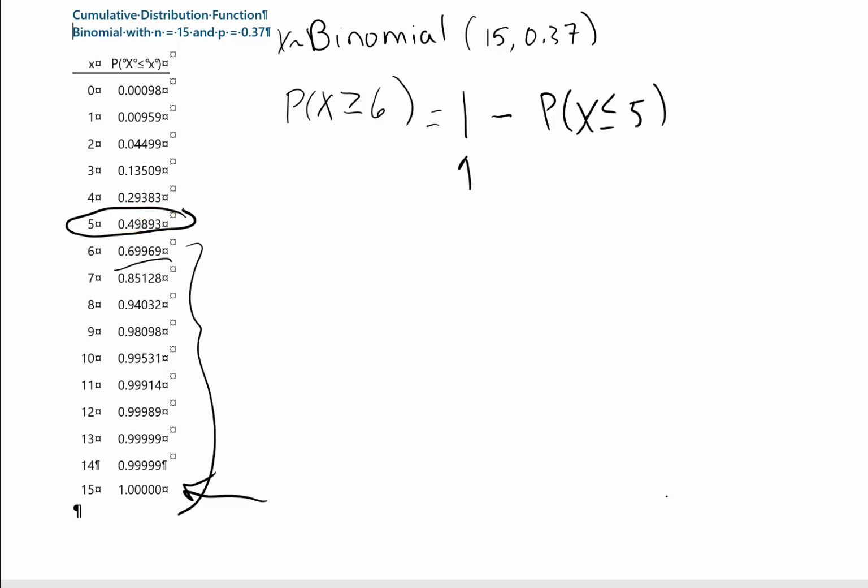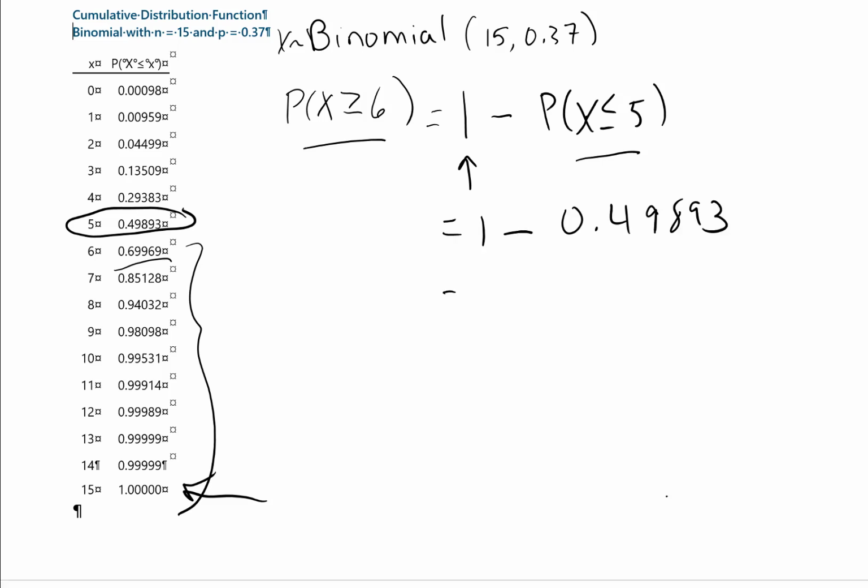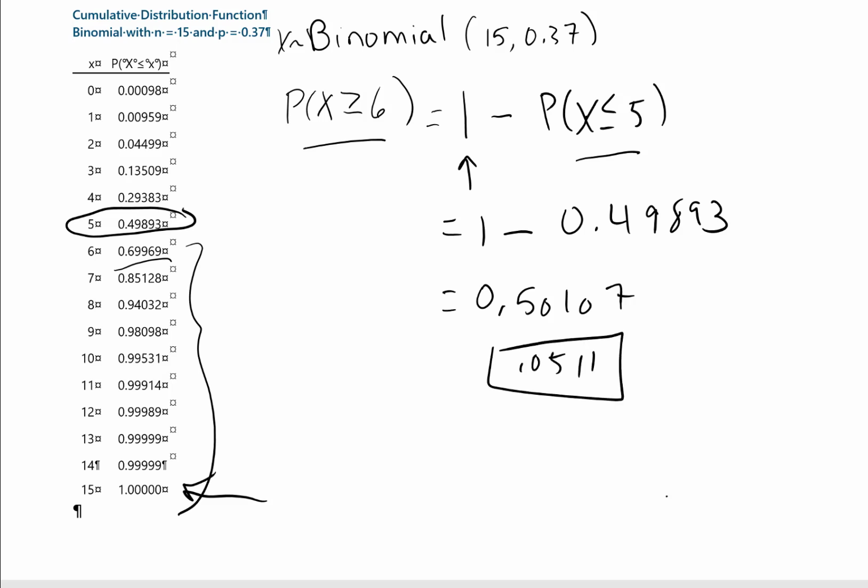This one contains all the variable values from 0 to 15. This contains all the variable values from 0 to 5. So when I subtract these two, I'll get all the variable values from 15 all the way down to 6, exactly what I wanted. Which would look like this. And to 4 decimal places, the answer would be that.